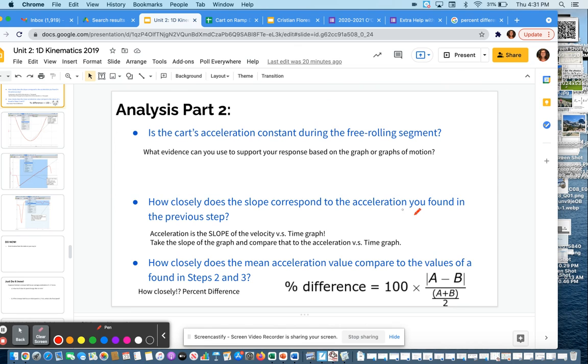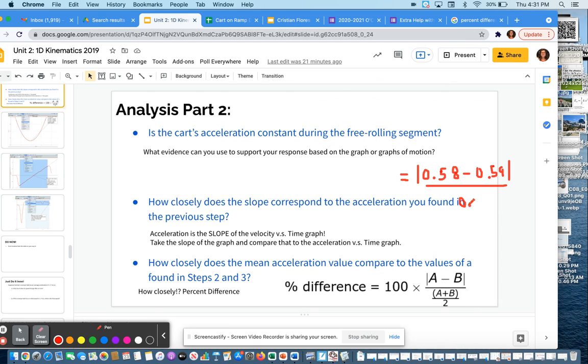For example, if I'm comparing my value from analysis question 5, the slope of the velocity versus time graph, to the mean acceleration, I'm going to take 0.58, subtract my slope, which was 0.59, take the absolute value of that, and then divide by the average of those two.